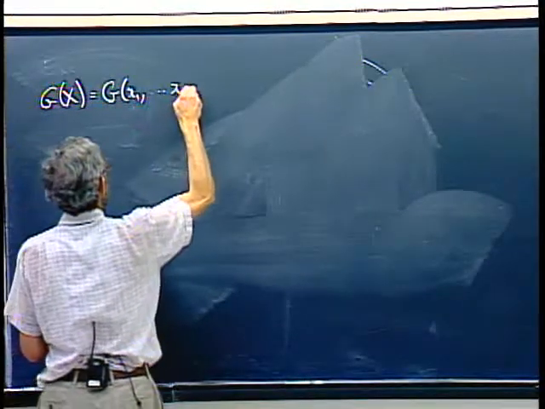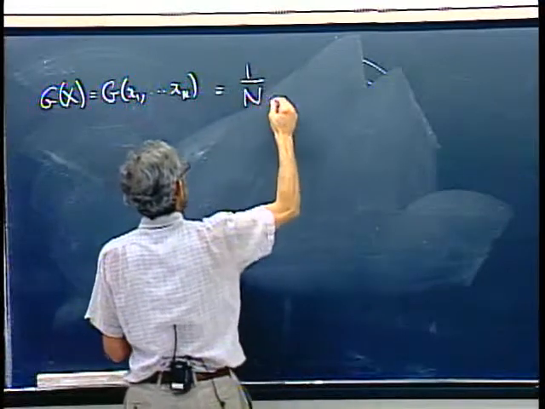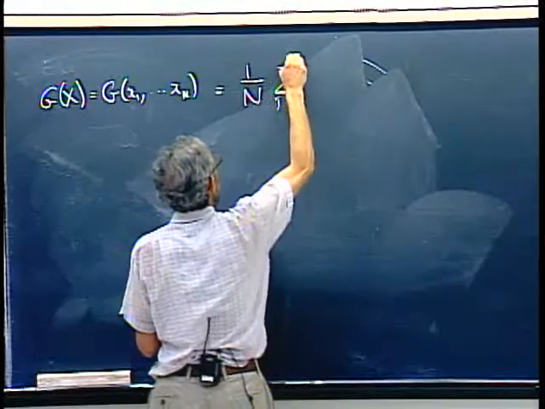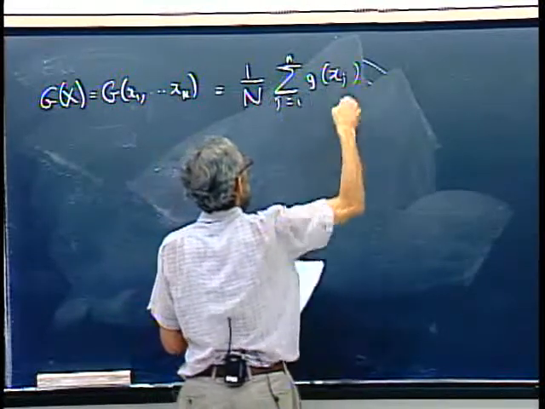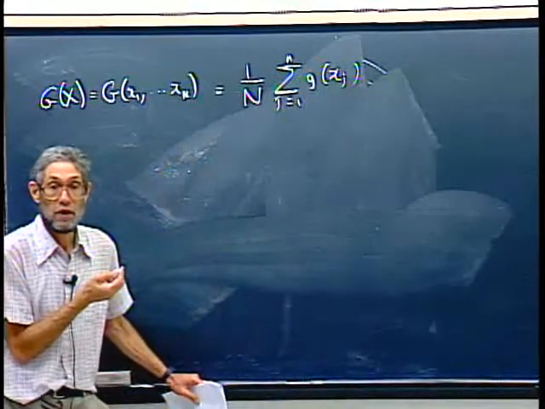Sometimes for shorthand, I'll use a capital X for all of these variables taken together: x1 up to xn, this n-tuple of outcomes, is capital X. And so g of capital X is really g of x1 up to xn. And it's just the average: 1 over n times the sum from j equals 1 to n of g evaluated at the outcome of each of the experiments, xj.